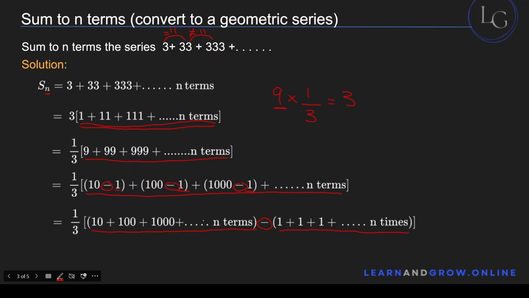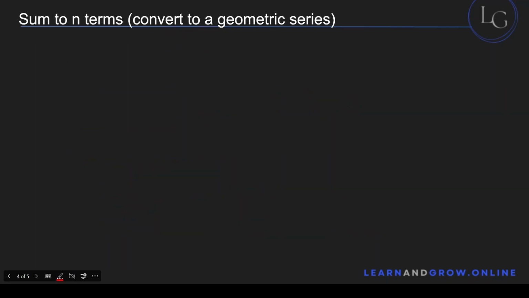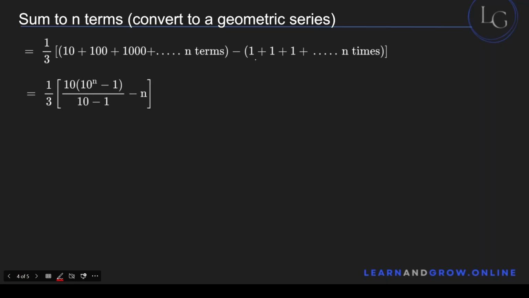And this series now is a geometric series because the common ratio is 10. In the original question, there was no common ratio. Now we have a common ratio. So now we'll treat the sum of this series as n, and apply the formula for the sum till n terms, Sn, for the absolute value of r greater than 1, because it's 10.